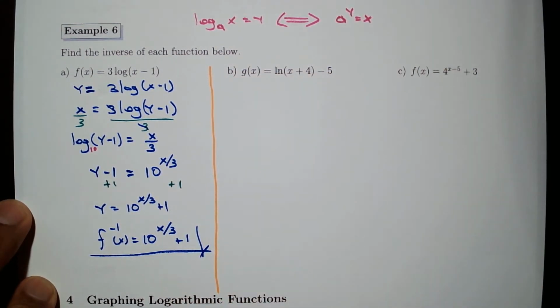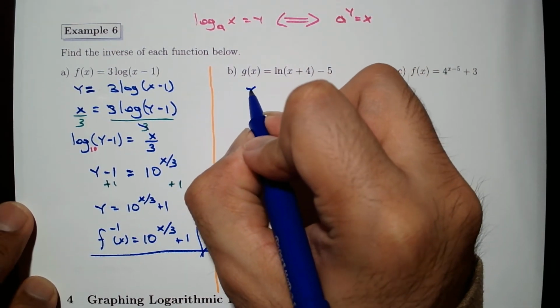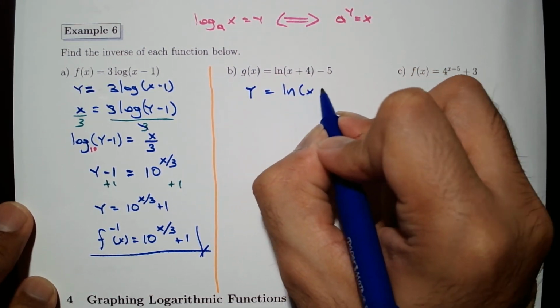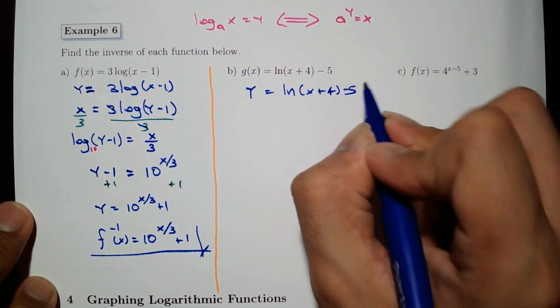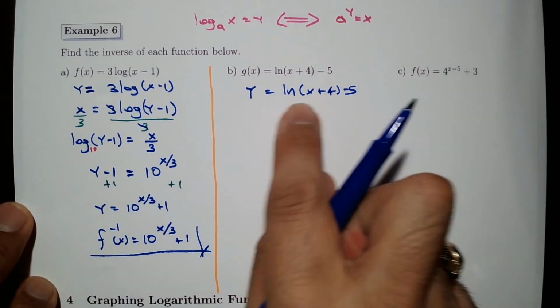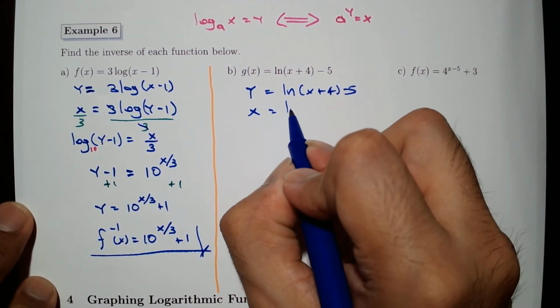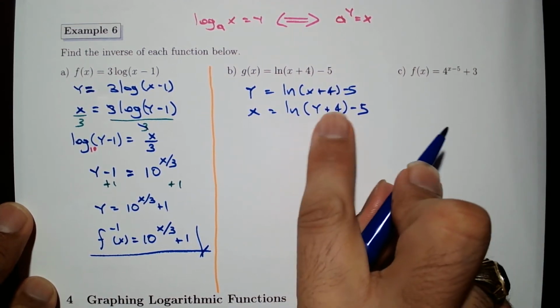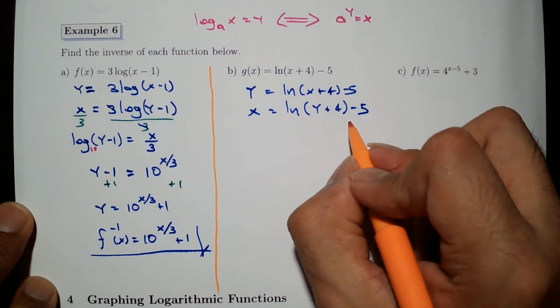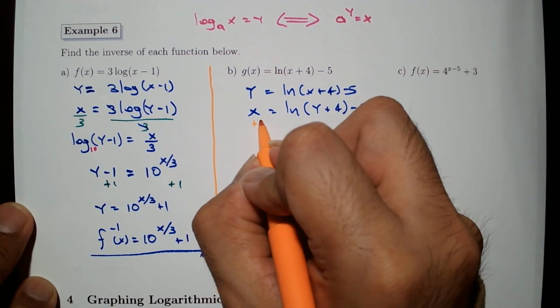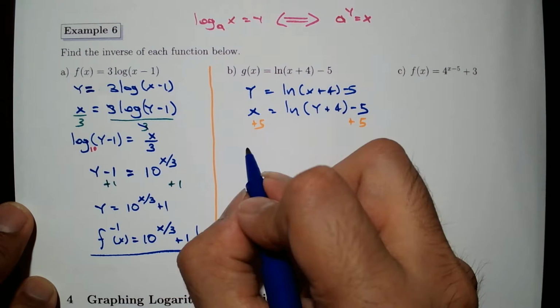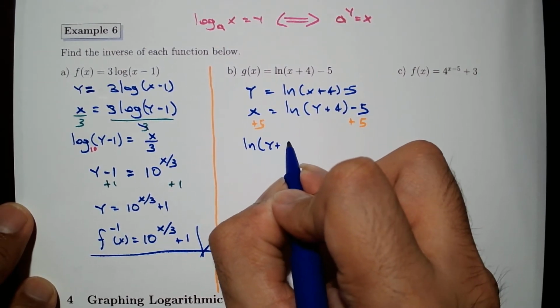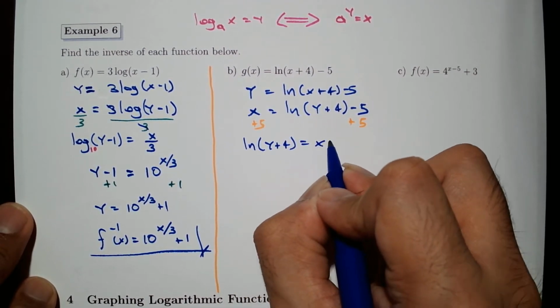Let's do another example. g of x equals ln of x plus 4 minus 5. First of all, change the g of x for a y. Then interchange x's with y's. Then let's try to solve for y by first adding 5. So ln of y plus 4 equals x plus 5.